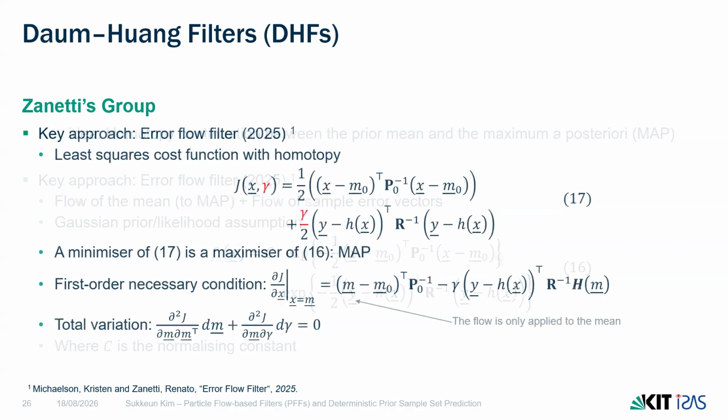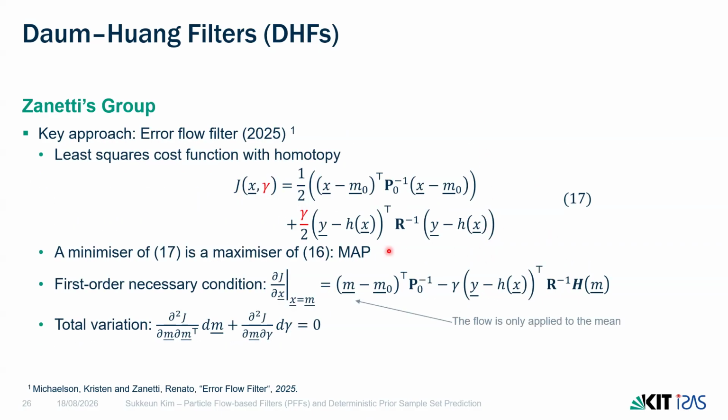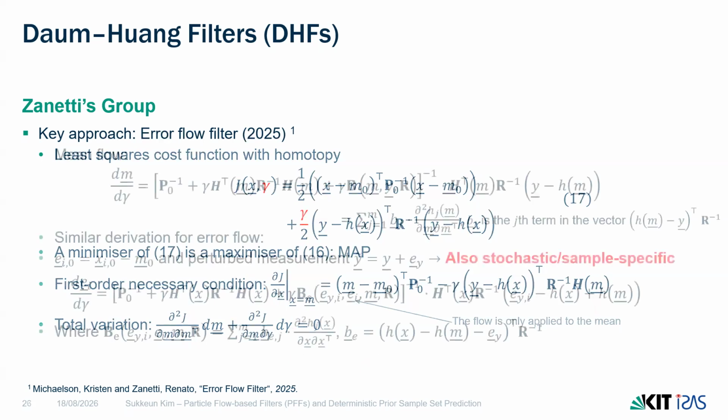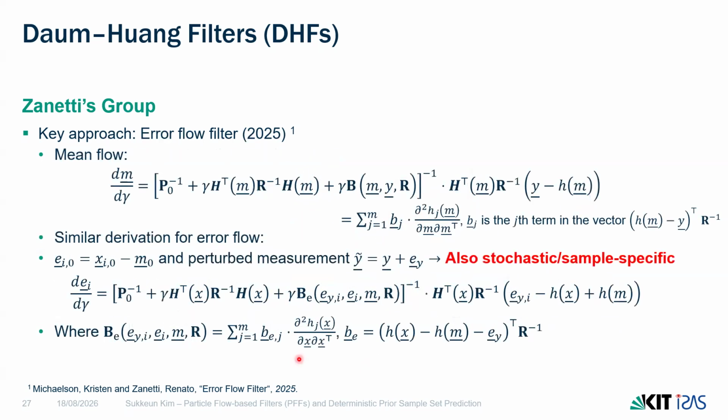So this basically becomes a maximum a posteriori problem. We take the derivative of the cost function, then the first order necessary condition is that this equals 0, and the total variation will give you this. Then we do some other steps, and that gives you this mean flow.